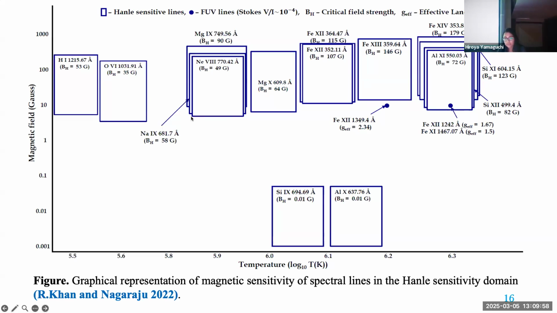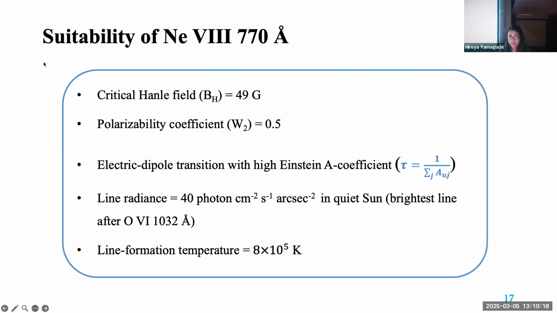So now that we have the list of potential UV lines, how do we know what polarization signal we expect in any of these wavelengths? For that, we chose the Neon 8 line at 770 angstrom for further modeling, and there are several reasons for that.